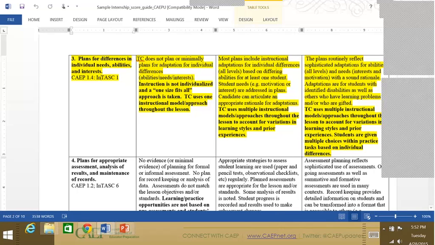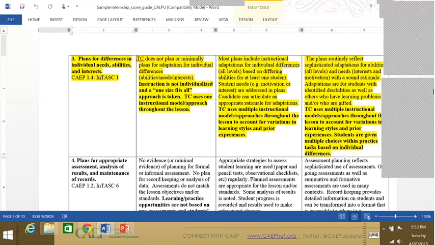In the next one, it does say that most of the planning is including instructional adaptations. And it says that in terms of performance, it is observable that the candidate is using multiple instructional approaches throughout the lesson to account for variations in learning styles. And then finally, in the final part of the rubric, it talks about using multiple instructional approaches throughout the lesson, and students are given multiple choices.